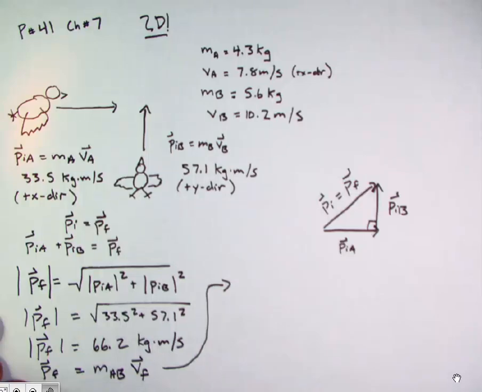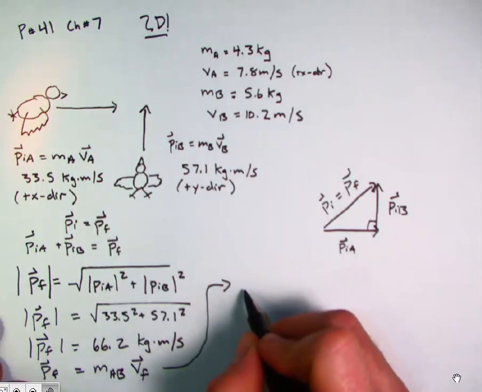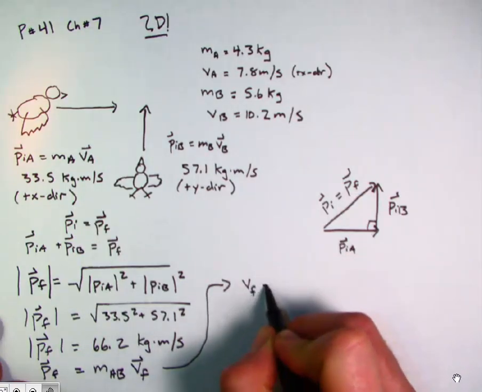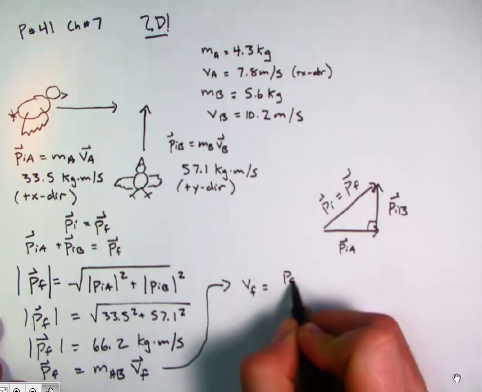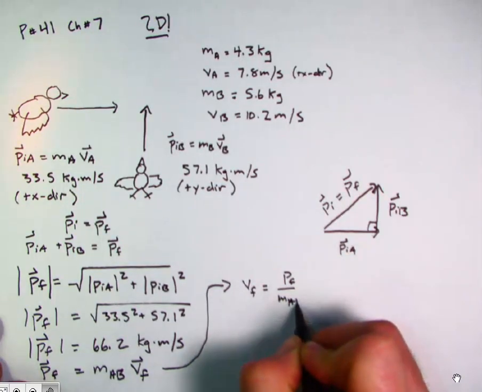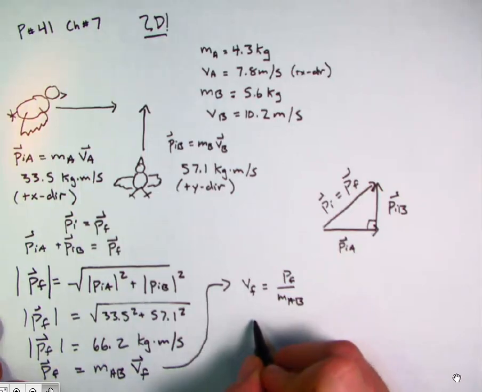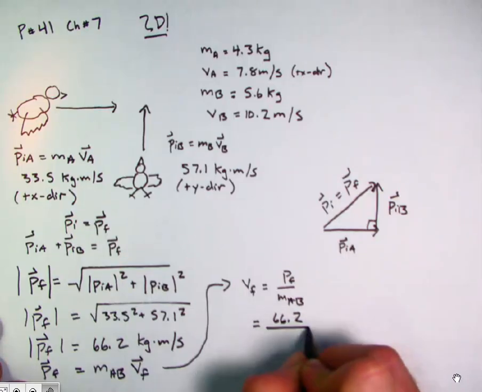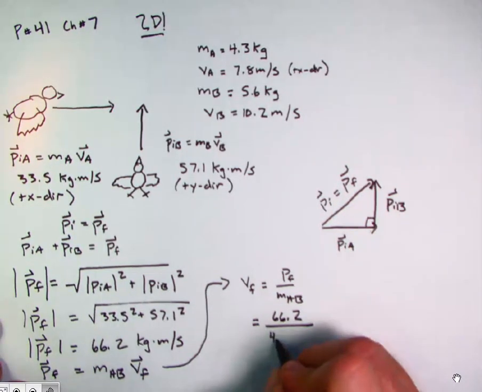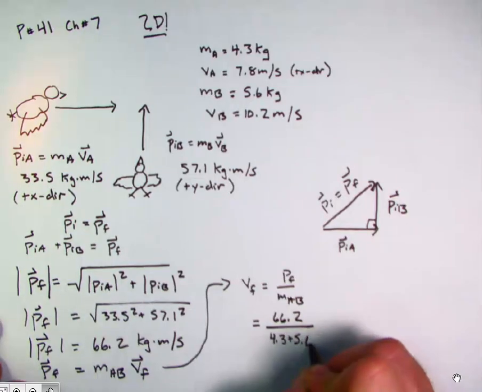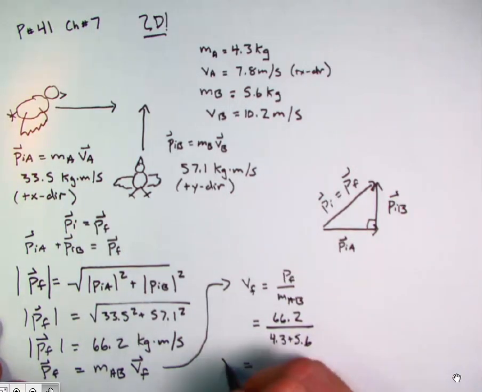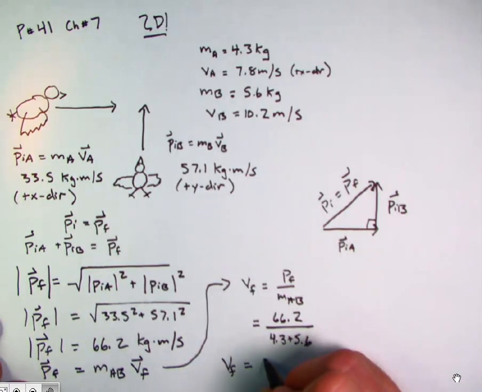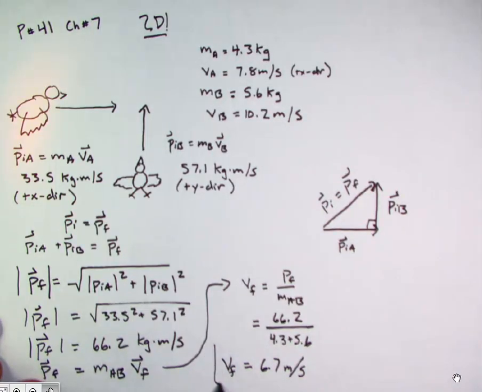So if I do a little math here, I could get that VF is equal to PF divided by MAB, which is 66.2 divided by 4.3 plus 5.6, and so that gives us a VF of 6.7 meters per second, right?